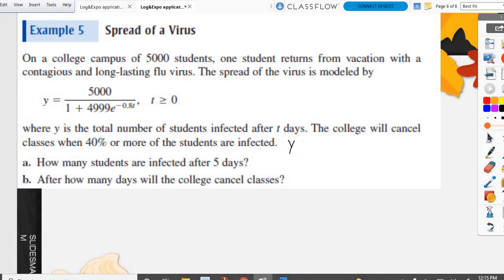Right. So we would have y equals 5,000 divided by 1 plus 4,999 times e to the negative 0.8, and I'm plugging in 5 for my time.